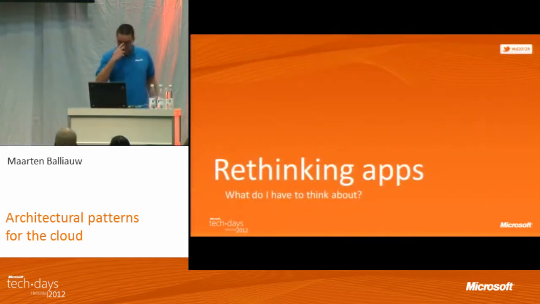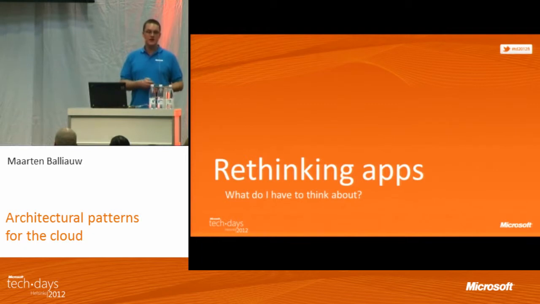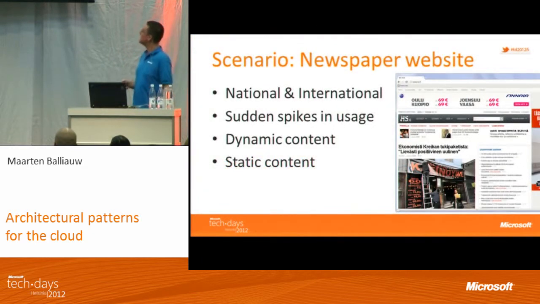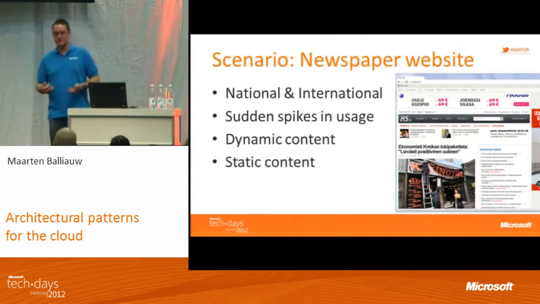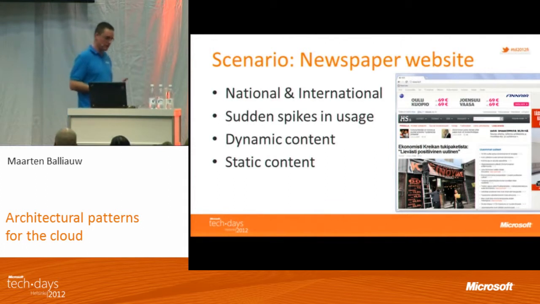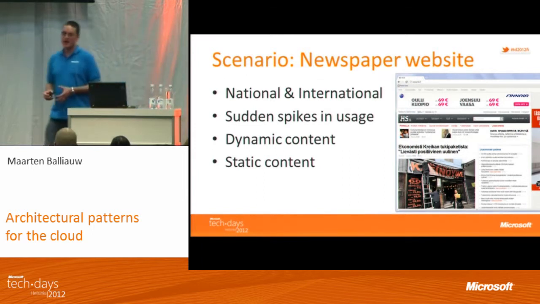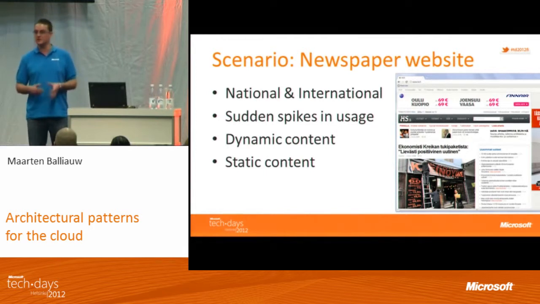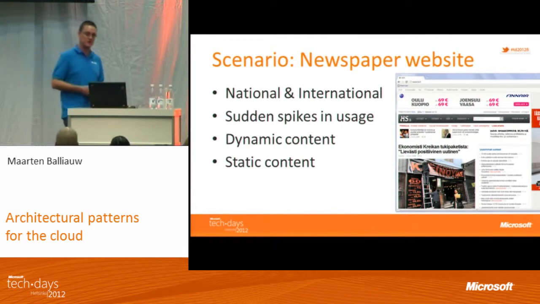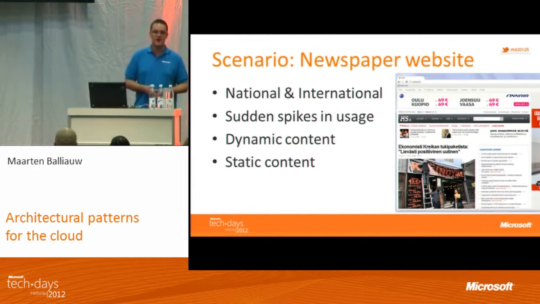Now, what we'll do in the rest of the session is rethink one application. I have a nice application here, a newspaper website, which is a typical scenario that you may see. Just a website that's available nationally. Users from Finland can go to this website. Users from across the globe can go to this website. There may be sudden spikes in usage. For example, if something interesting happens, a lot of people will try to read this newspaper website.